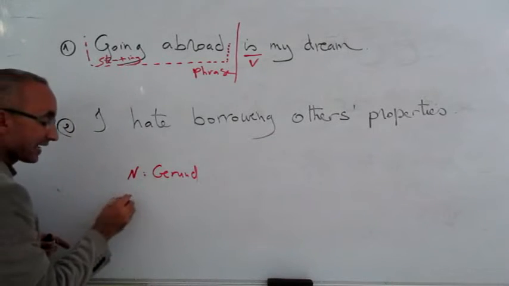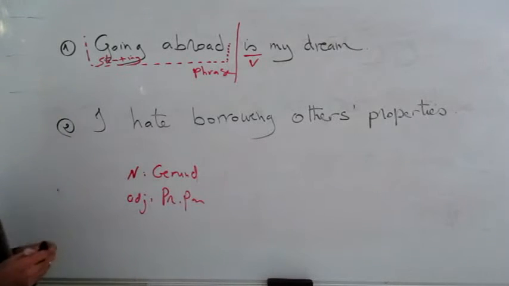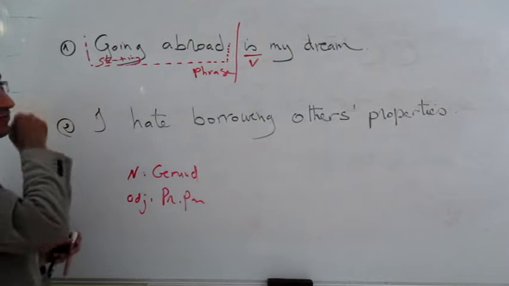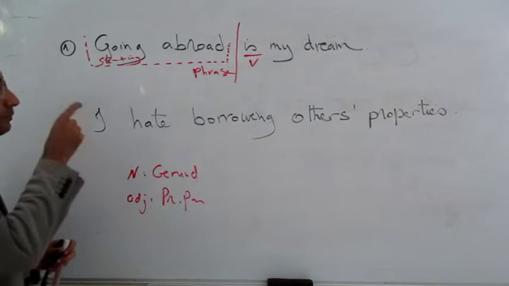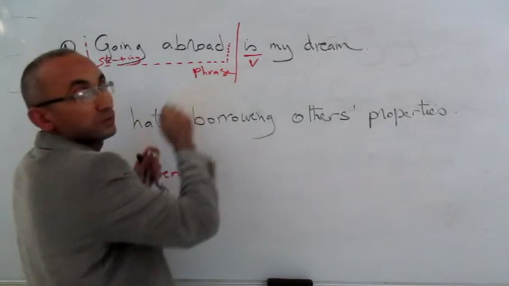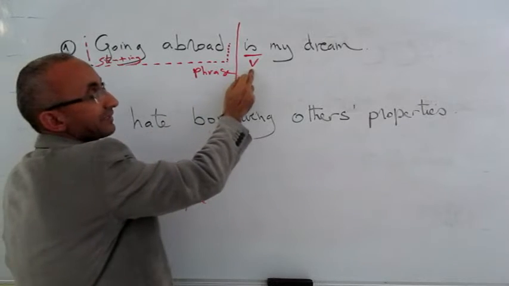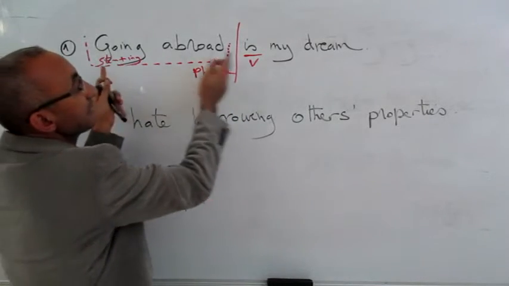If it acts as an adjective, it is a present participle. Let's find out what type this phrase is exactly. So I have a verb, and the verb needs what? It needs a subject.